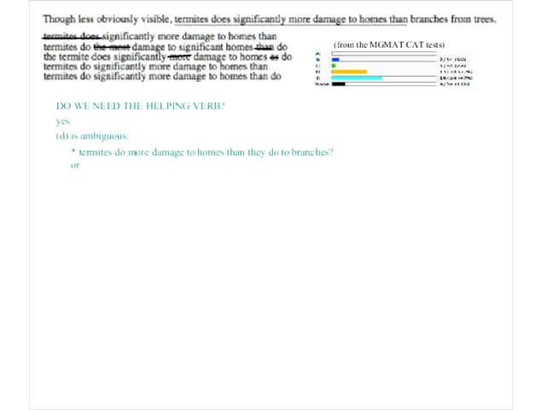Or it could also mean that termites do more damage to homes than branches do to homes. We don't know. So we need the helping verb. That's enough that you can get rid of D.